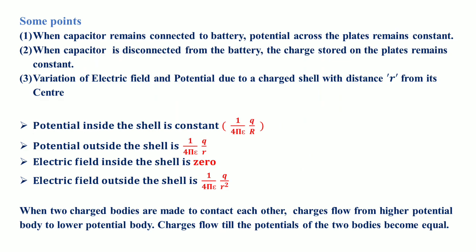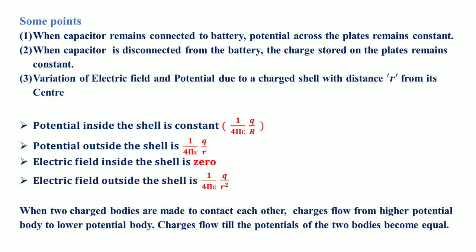Then the electric field and potential difference: potential inside the shell is constant, 1 by 4 pi epsilon 0 q by R. Then the potential outside the shell we also discussed, 1 by 4 pi epsilon 0 q by r.